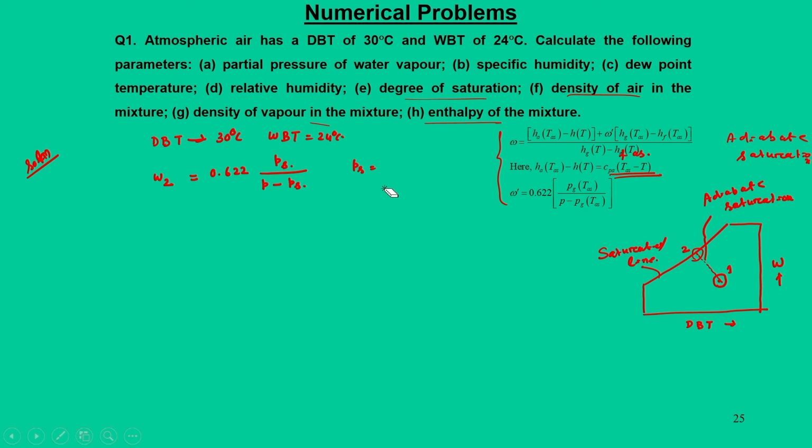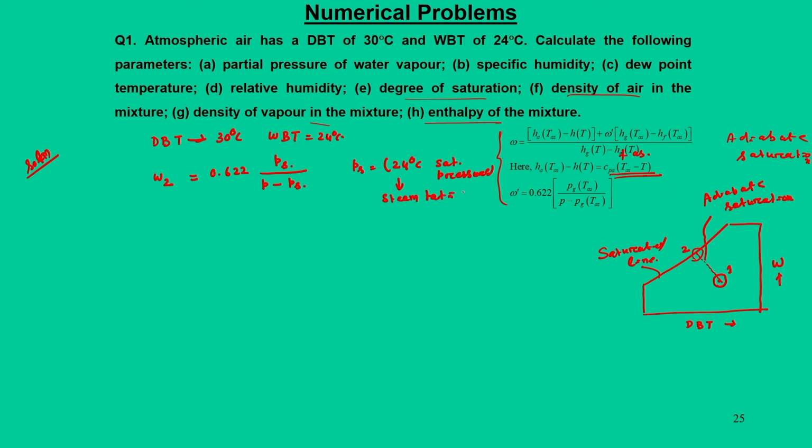Ps is the saturation pressure at 24 degree centigrade. This we can calculate using the steam table.